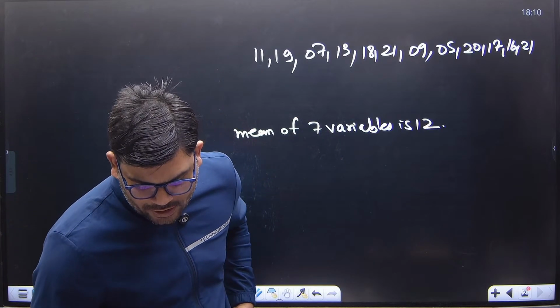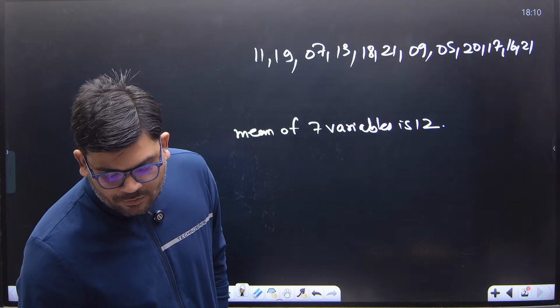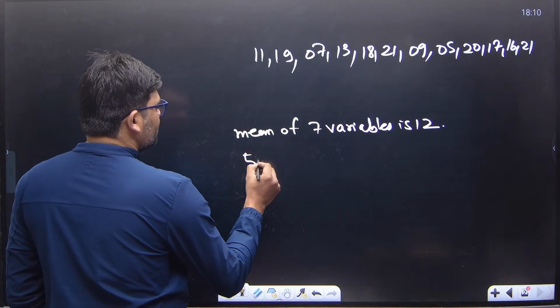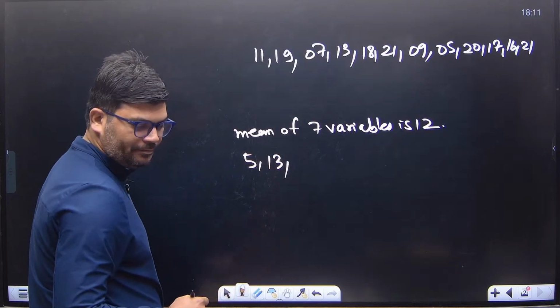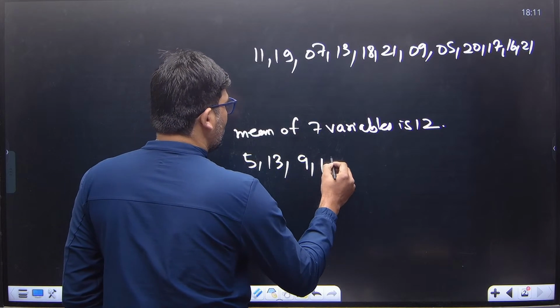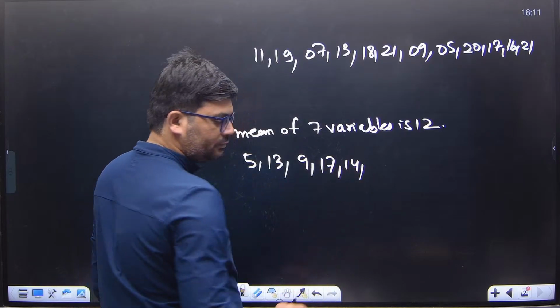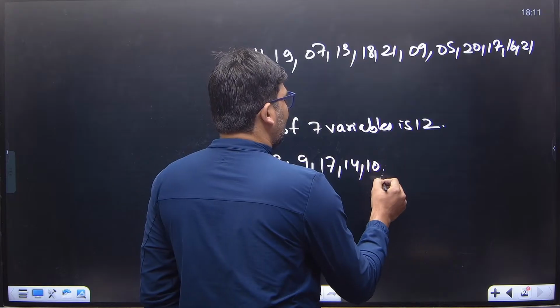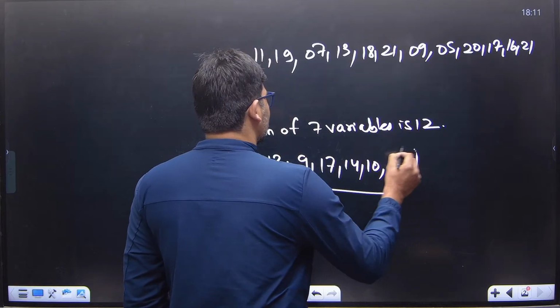Now what they will do is, they will give some of the variables and they will ask you the other one. So 6 of the variables are 5, 13, 9, 17, 14 and 10. And let us say the last variable is x. They are asking what is this x.